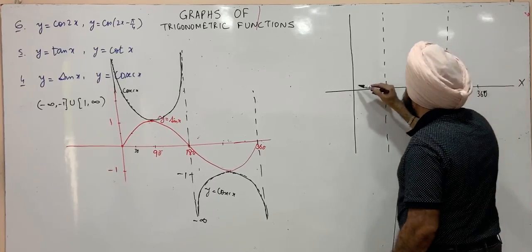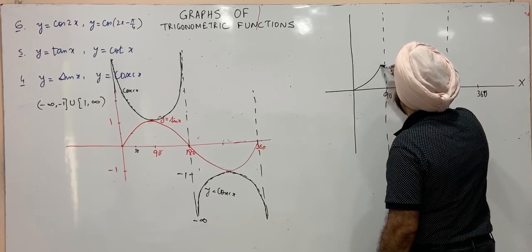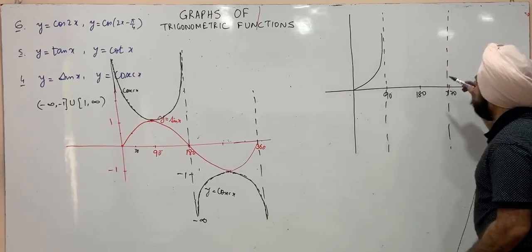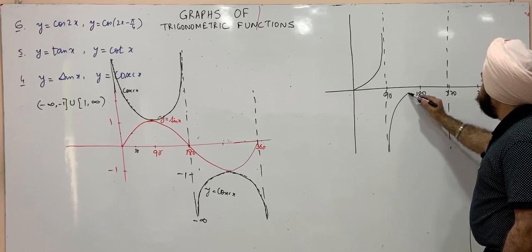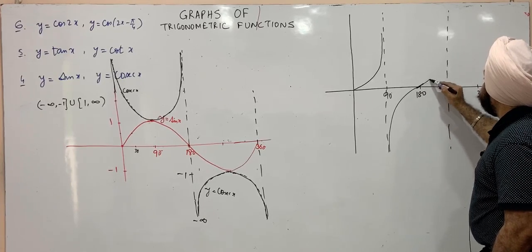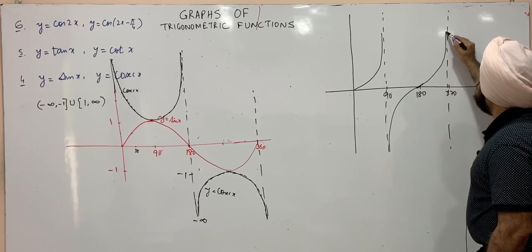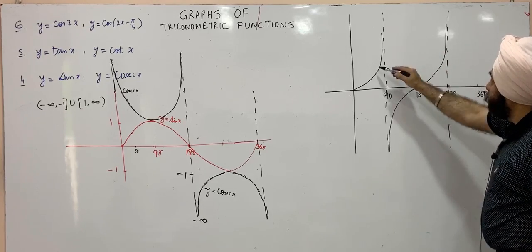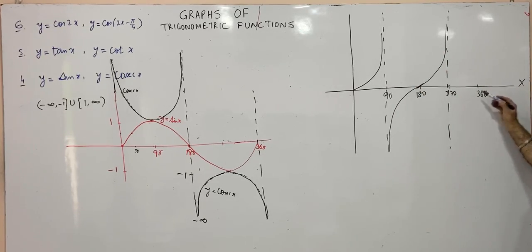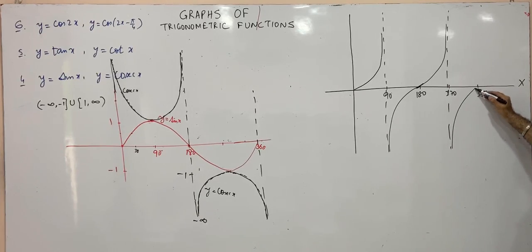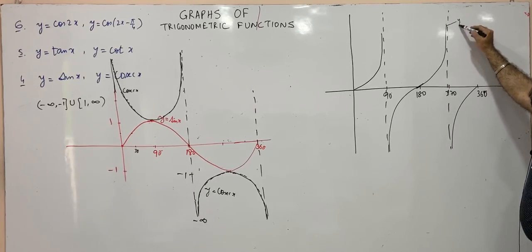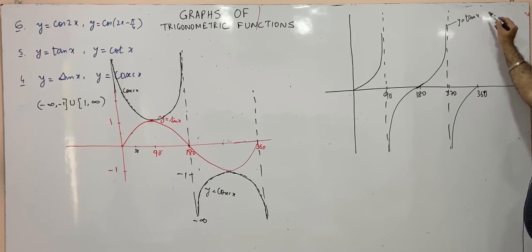So this is the graph of tan of x in the first quadrant. This is tan of x in the second quadrant, 90 degrees to 180 degrees. 180 to 270 is the same as in the first quadrant. Then from 270 to 360, it's the same. So this is the graph of y is equal to tan of x.